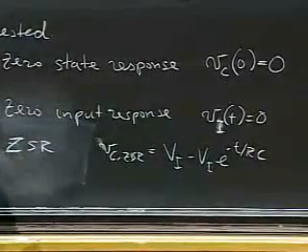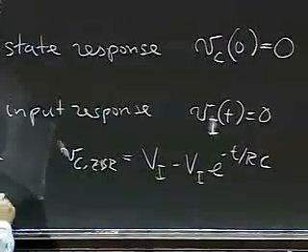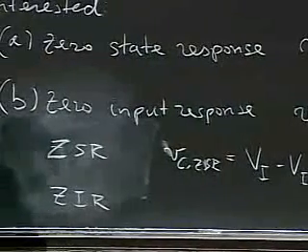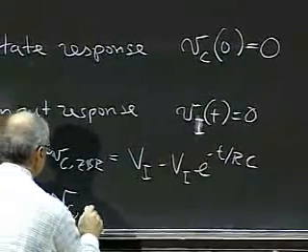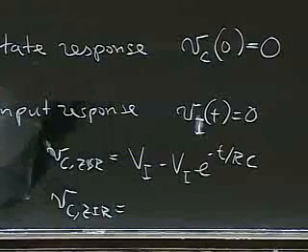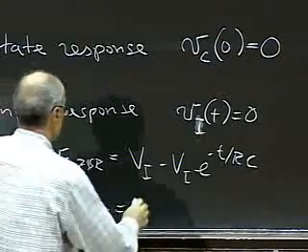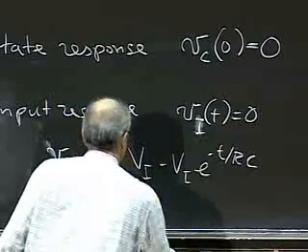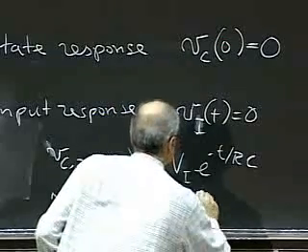Okay, so that's the ZSR. The ZIR, the zero input response, is like this. It's the decay of the initial voltage on the capacitor to 0, or to equilibrium. So starting from Vc of 0, we're decaying like this.